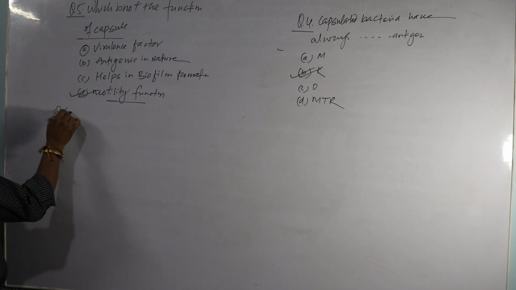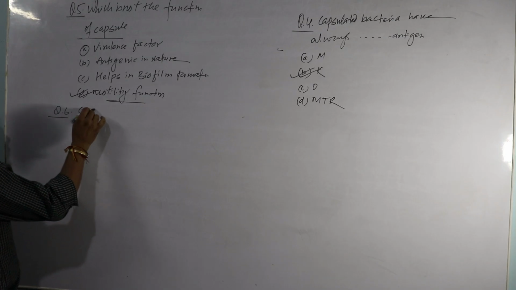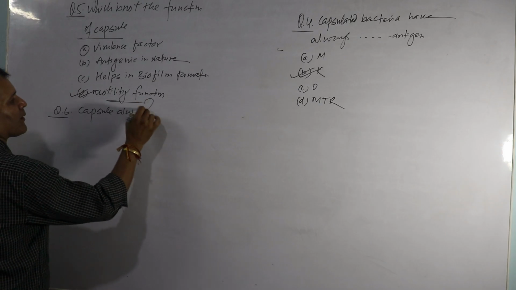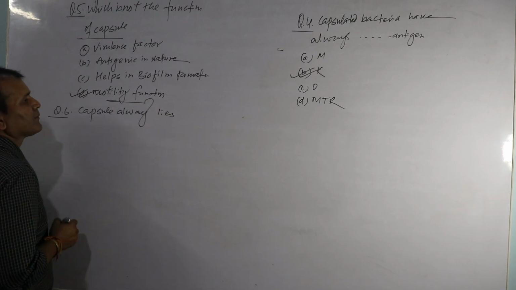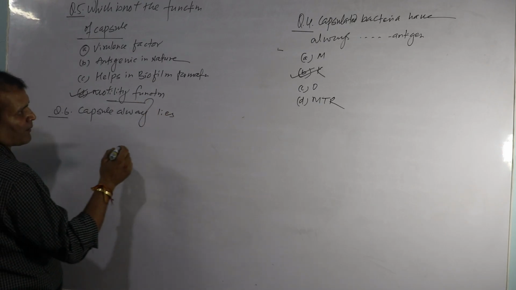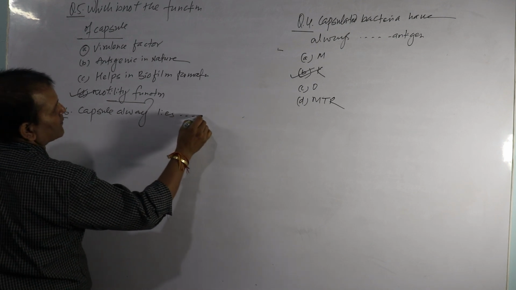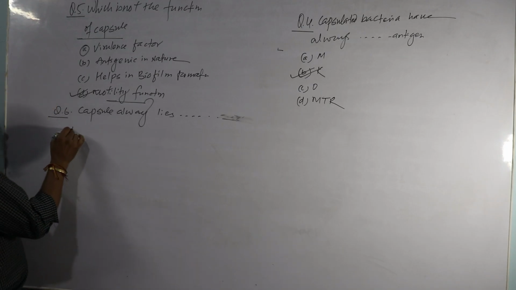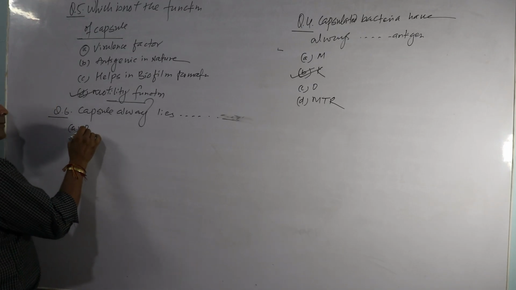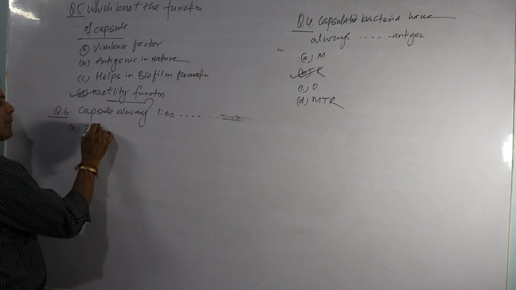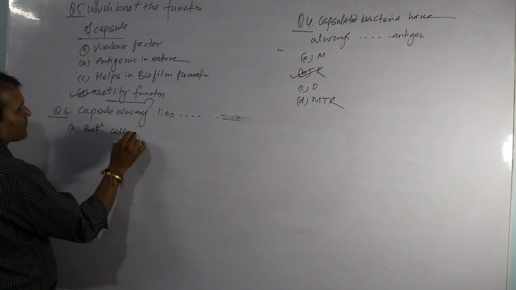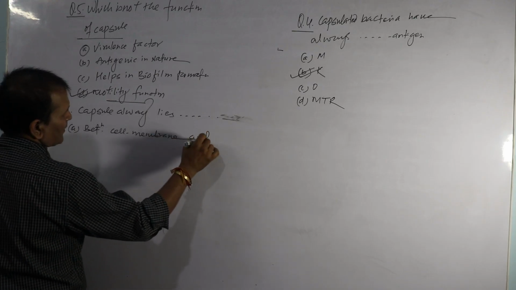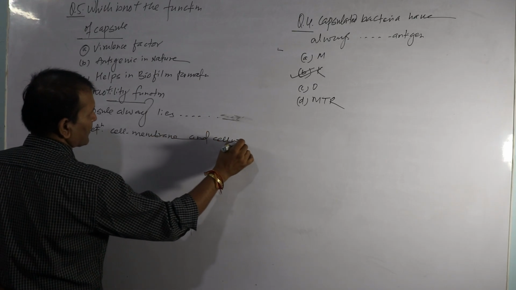Question number 6. Capsule always lies. A, between cell membrane and cell wall.